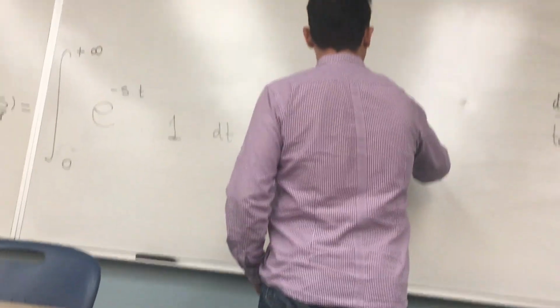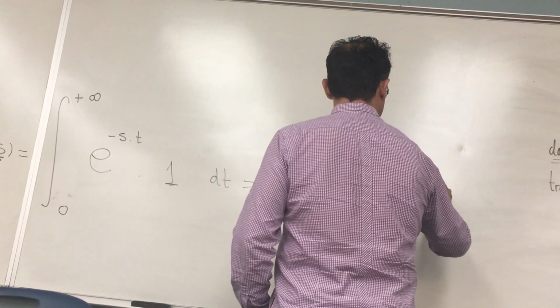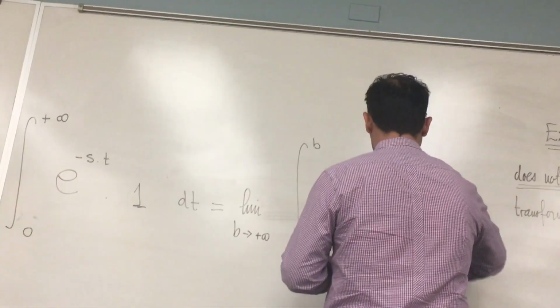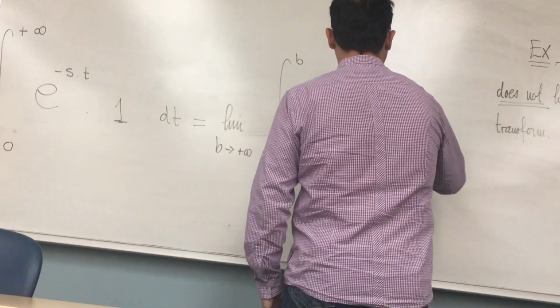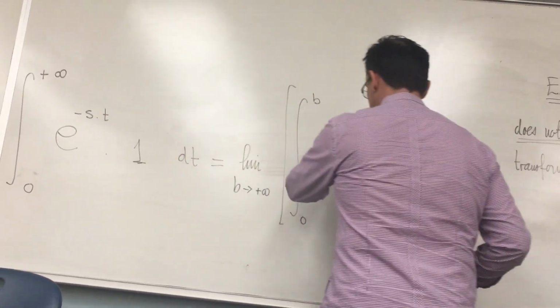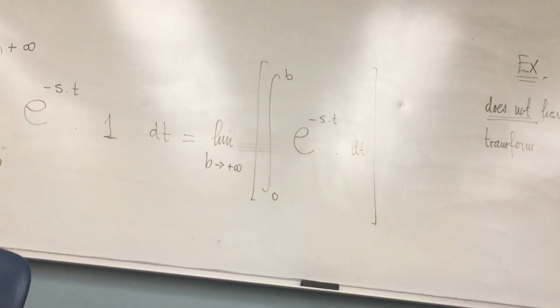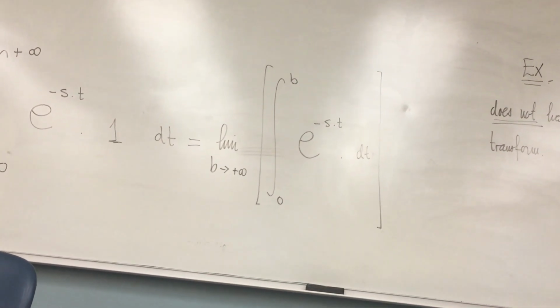Here you get minus st times 1, dt. We put this in a bracket, because now we focus on this definite integral, right?